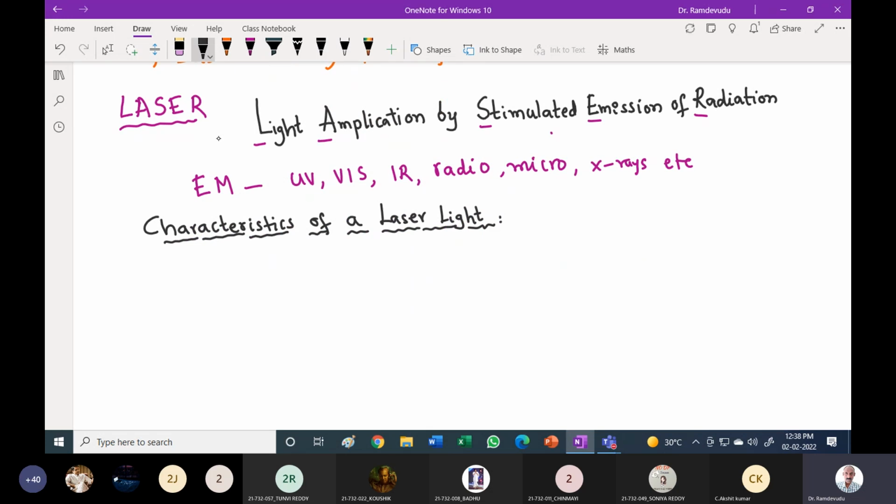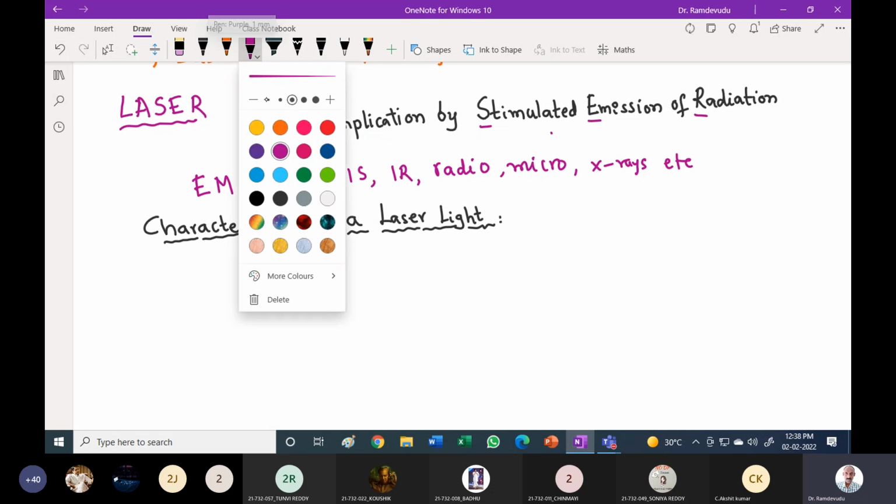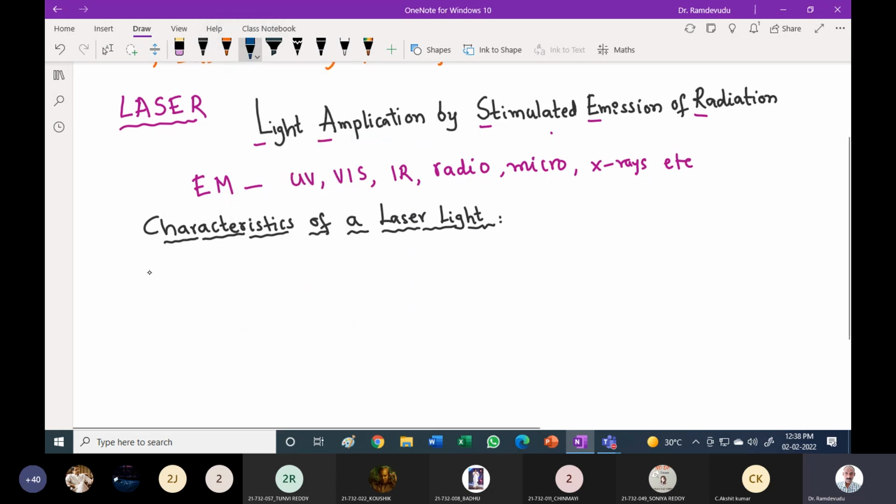But we have to look at the important characteristics of laser light. Some of you already know them from the lab classes. Can anyone tell me the important characteristics or properties of laser light? Sir, it is monochromatic.